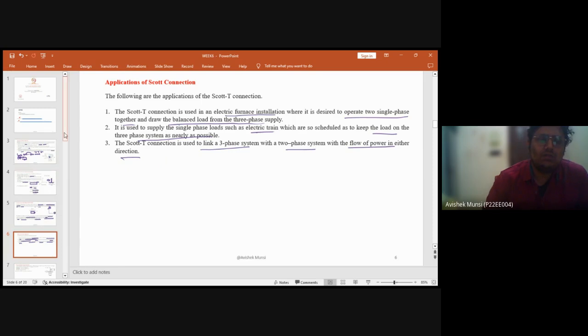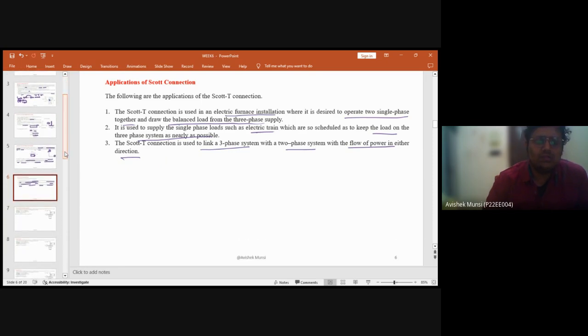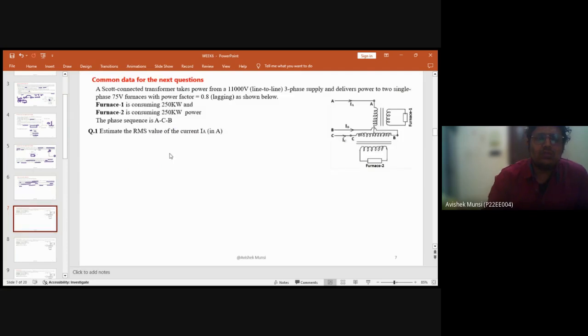So we will solve a problem regarding the Scott transformer and then we will discuss parallel operation. So this is a question. As I said, the Scott transformers are mainly used in electric furnaces. In the question, it is given that a Scott-connected transformer is supplied from an 11,000 volt line-to-line three-phase supply.